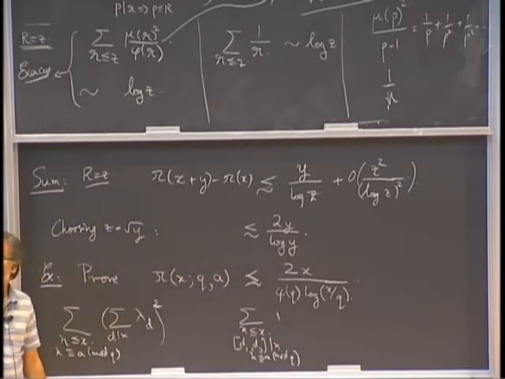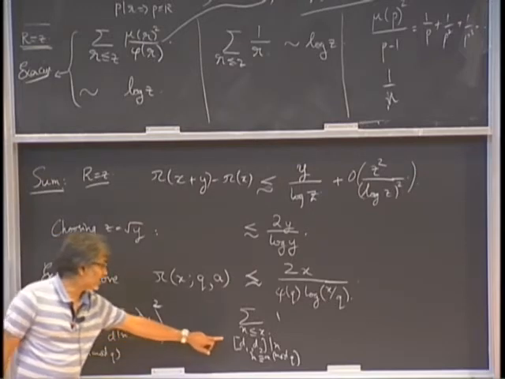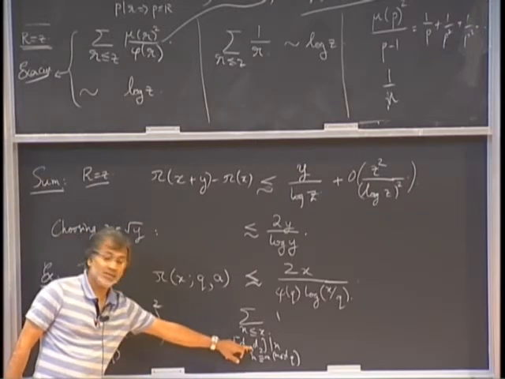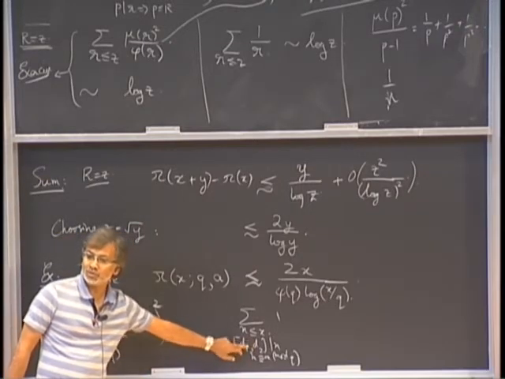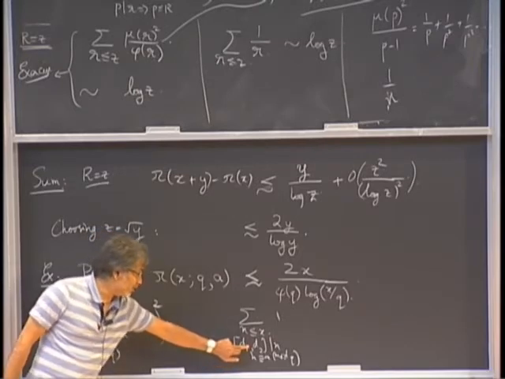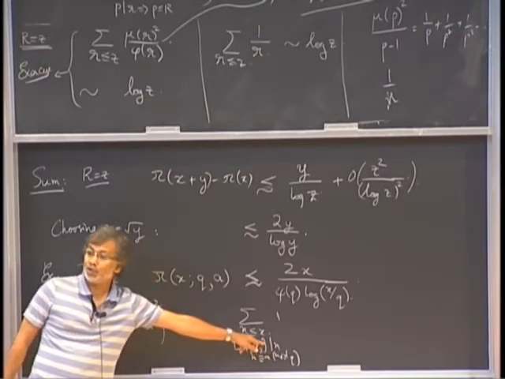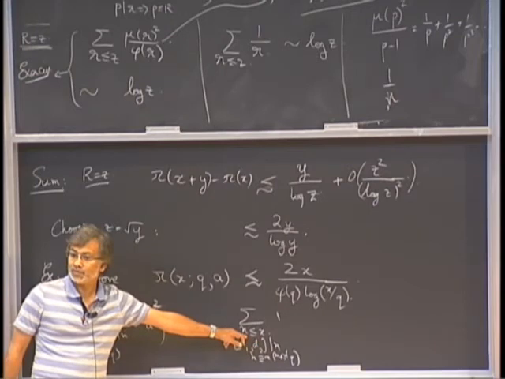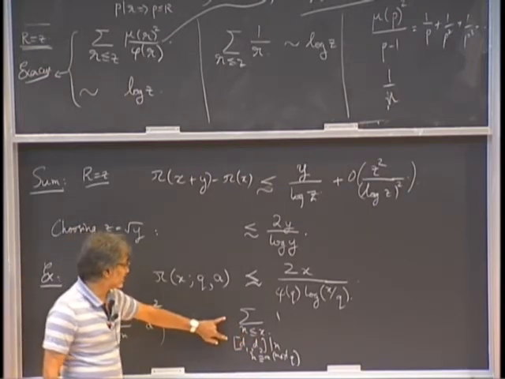Maybe you should begin by assuming that d1 and d2 are co-prime to q, so that there's no interference between d1, d2 dividing n and then being co-prime to q as well. But apart from that, this is easy.